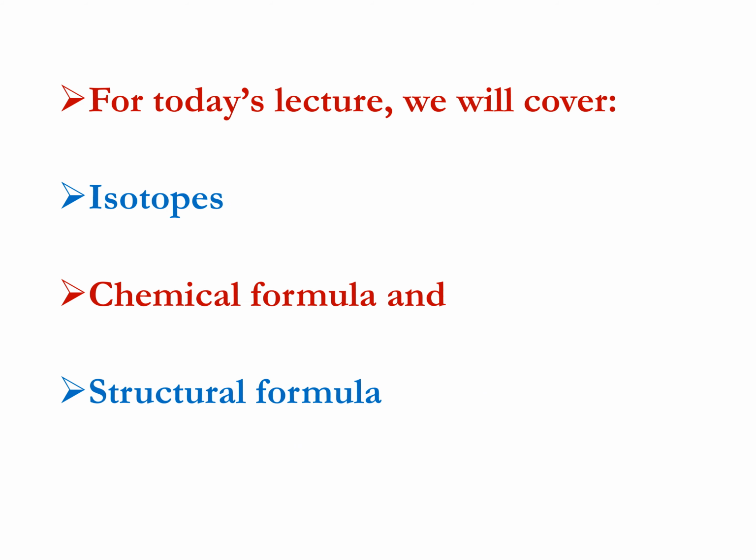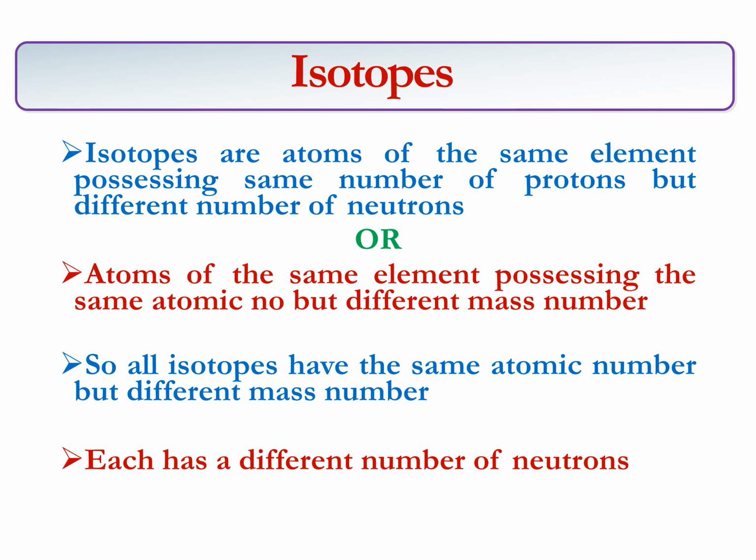For today's lecture, we will cover isotopes and chemical formula. What are isotopes? Isotopes are atoms of the same element possessing the same number of protons but different numbers of neutrons.